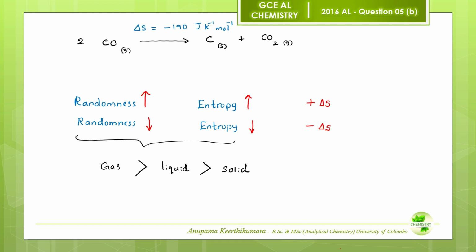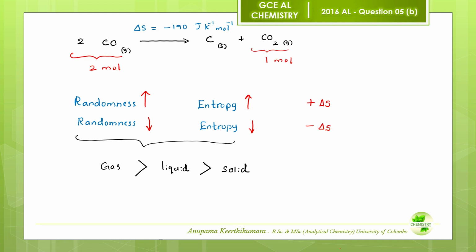Now, check the number of moles of gaseous reactants and gaseous products. 2 moles of gaseous reactants produce just 1 mole of gaseous products. Therefore, number of moles of gaseous molecules are decreased when the reaction proceeds.